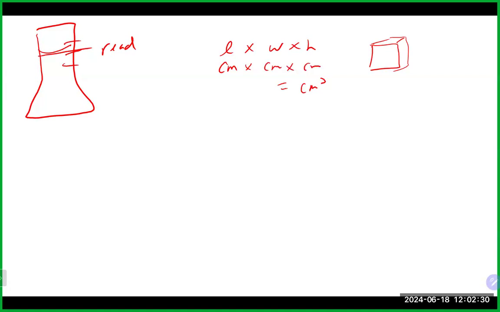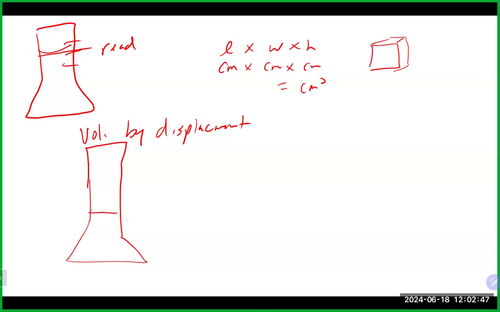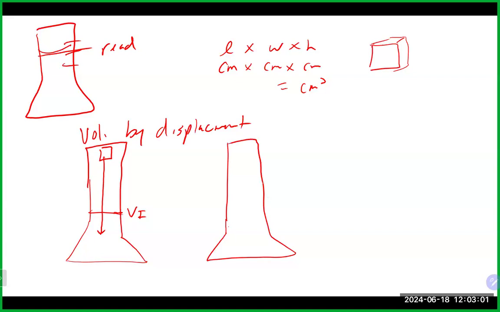The other common way that we get a volume, especially with density, is volume by displacement. And that means that, for example, if we have a graduated cylinder full of some water to start with, and we have an initial volume reading, and we take some type of solid object and we drop it into, say, the graduated cylinder, what's going to happen is your volume level will increase as the solid will displace the liquid.